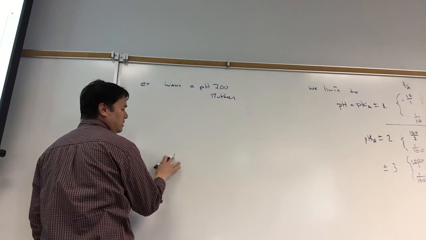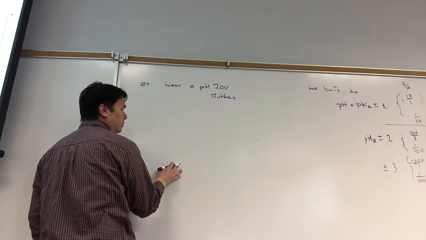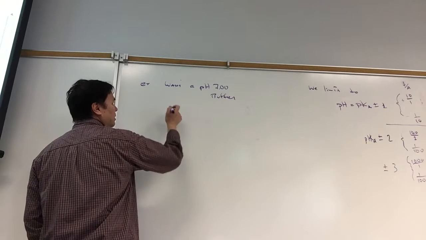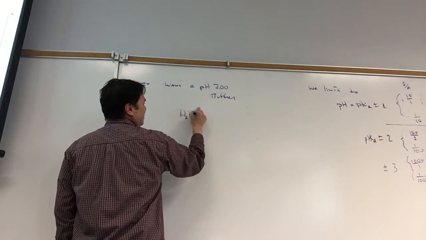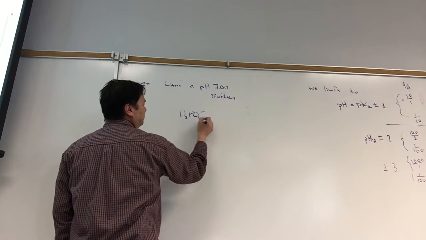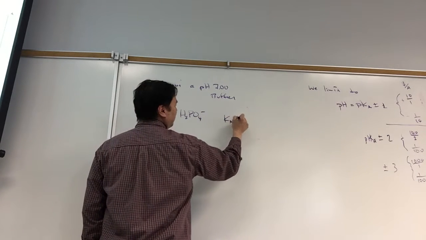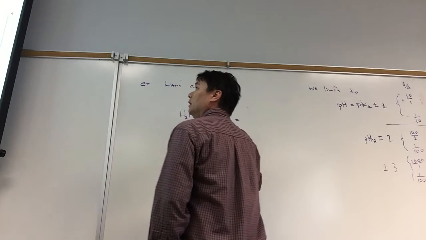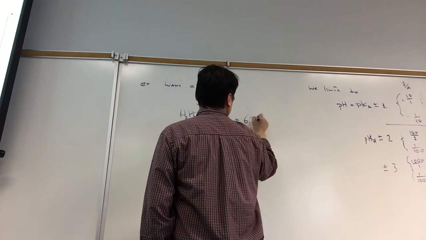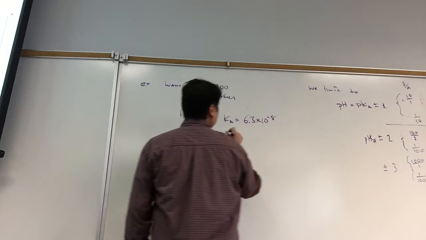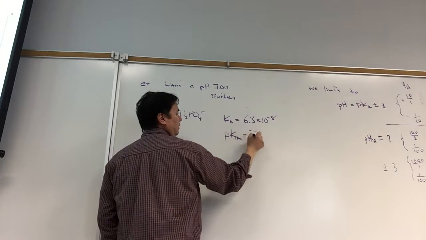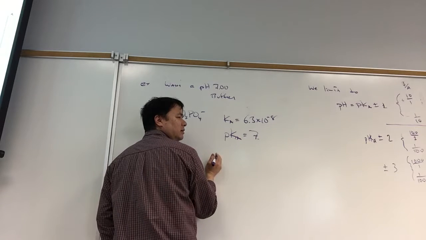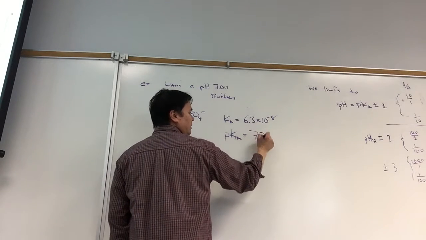The two seemingly best candidates were rejected based on their toxicity. But it looks like dihydrogen phosphate is okay. This has a Ka of 6.3 times 10 to the minus 8, which gives us a pKa of 7. Can somebody calculate this?